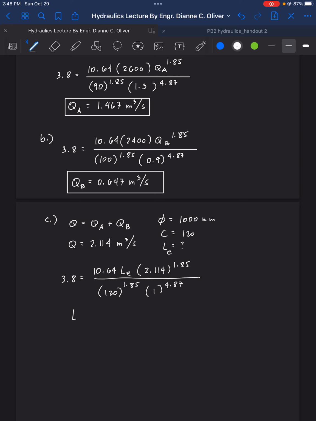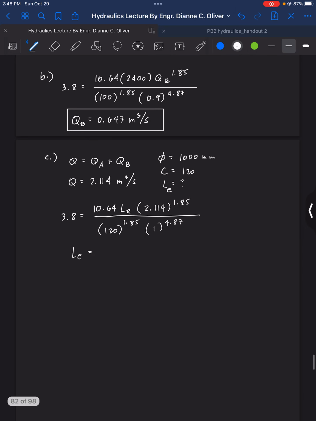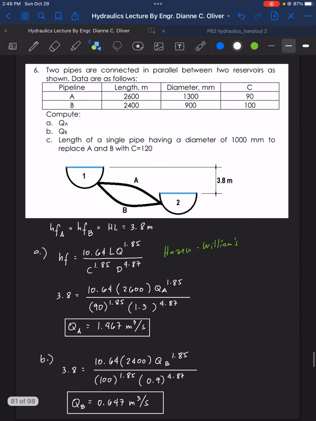So what is now our LE, the length of the equivalent pipe? That is 3.8 times 120 raised to 1.85 all over 10.64 times 2.114 raised to 1.85. So that is 627.89 meters. So that's for number 6.